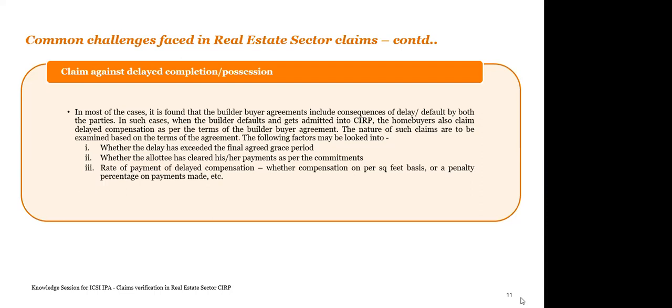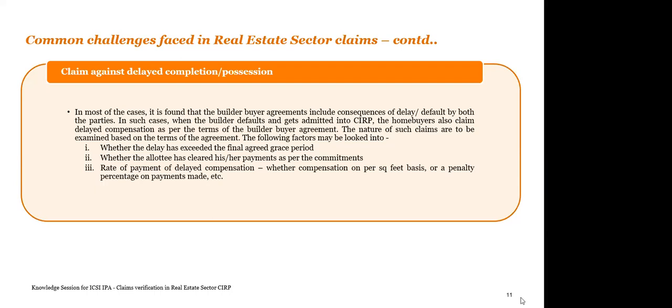It may be a percentage on the amounts paid on a per annum basis or quarterly compounded basis. It may be a per square feet rate, 5 per square feet per month or something like that. So that needs to be checked, and accordingly the same needs to be admitted.